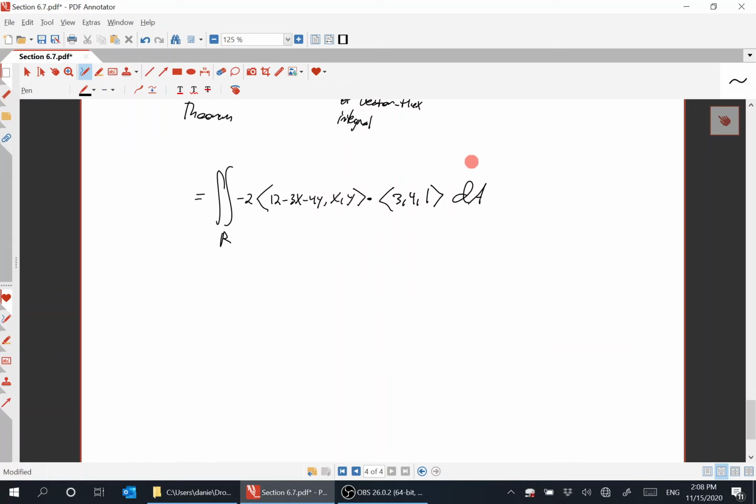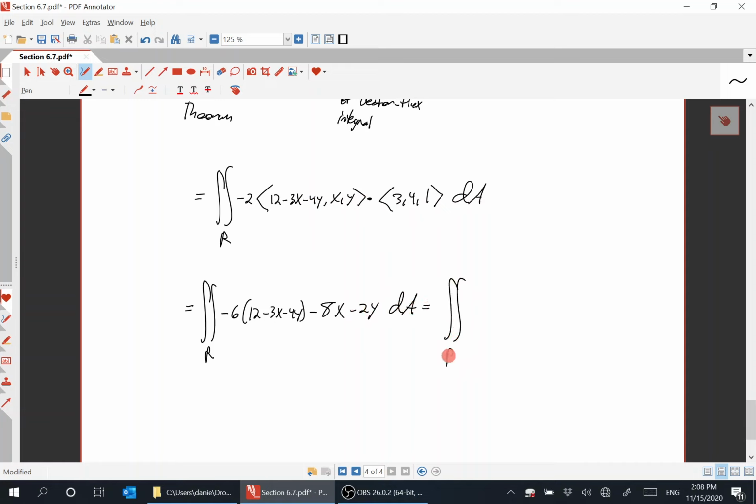All right, so let's evaluate that dot product. Double integral over R, so I have minus 6 times this, and then minus 8 times x, and then minus 2 times y.